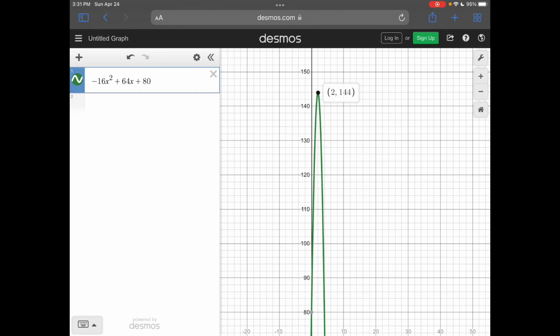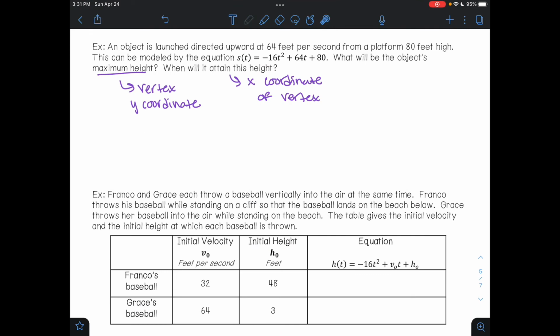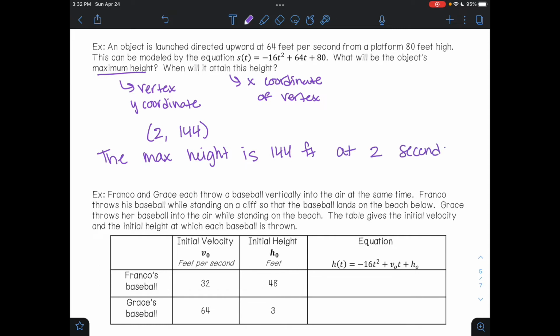That vertex is at the point (2, 144). So that means that the maximum height is 144 feet at 2 seconds.